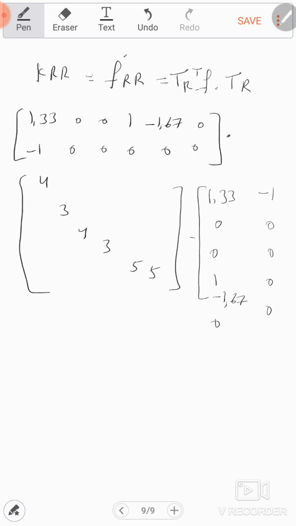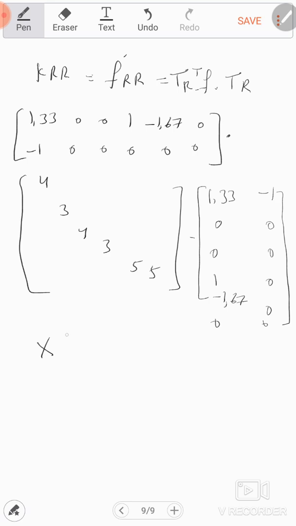Here 0, all of it 0. Okay, same steps, you can find Kxr and Kxx.